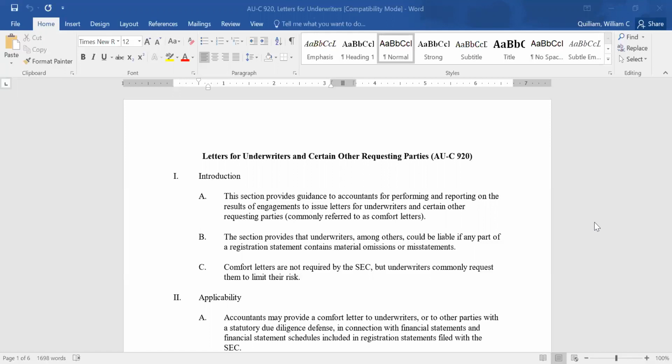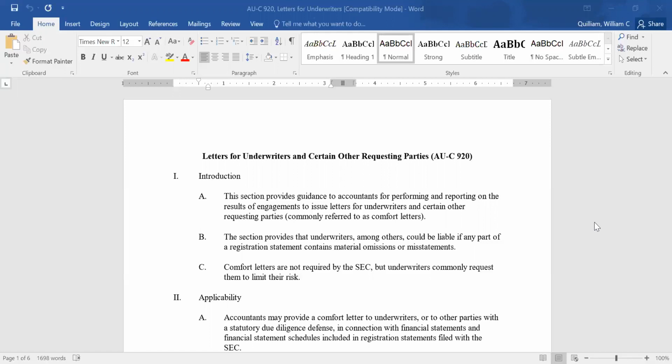Two other reasons why an underwriter may wish to have this type of letter is to continue minimizing its risk, and especially because the underwriter does sell these securities and could be liable to those to whom they have sold them. So there's a great deal of civil liability, in other words, under torts.